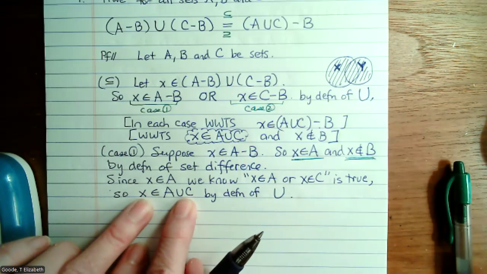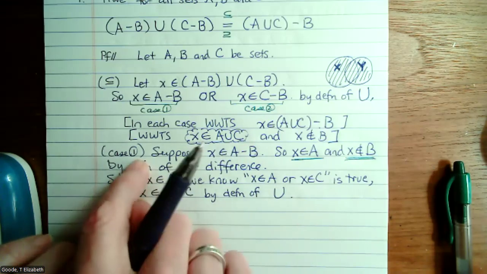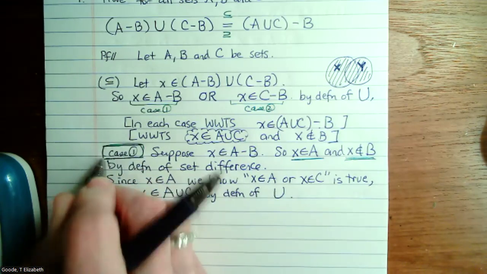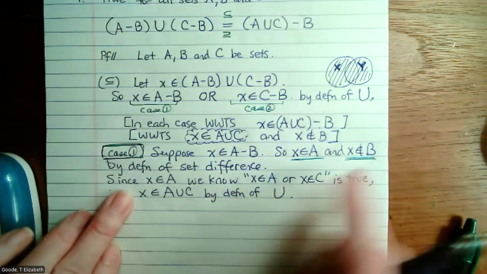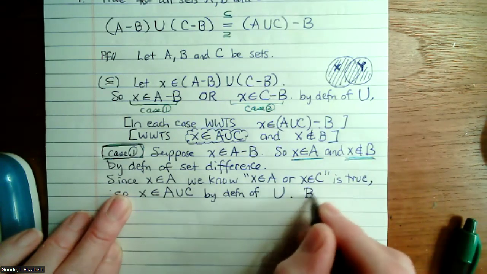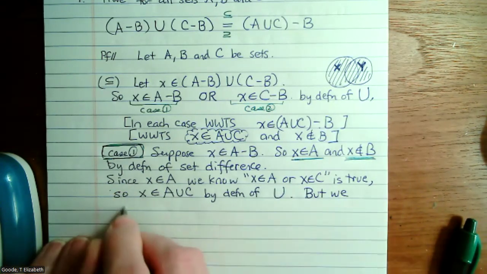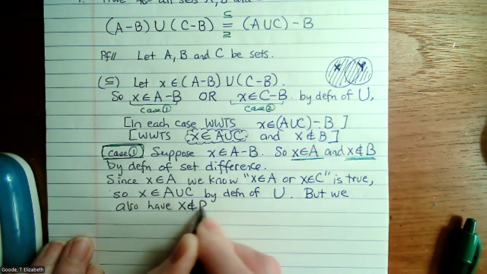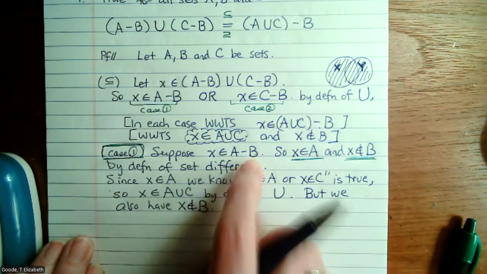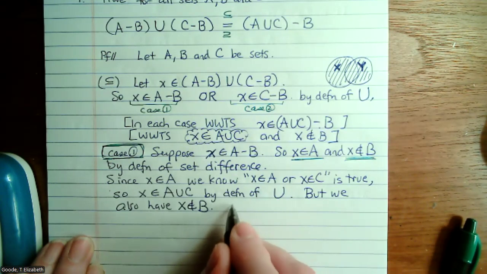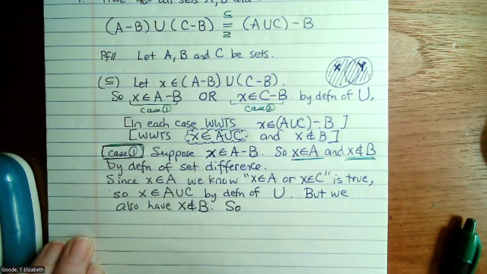So in this case, case one, X is in A union C. But we also have that it's not in B. We had that just from breaking down what it meant for X to be in A minus B. So now what can we say?